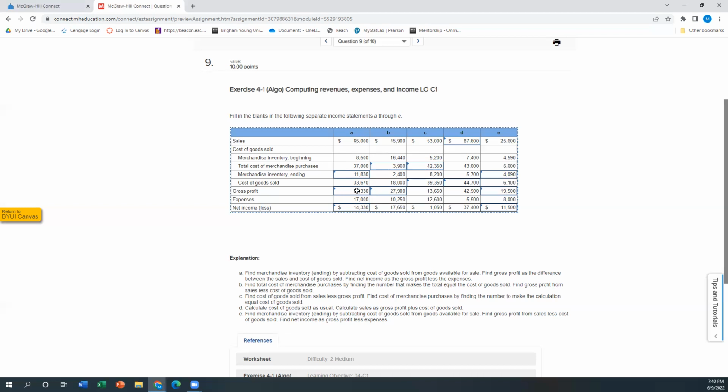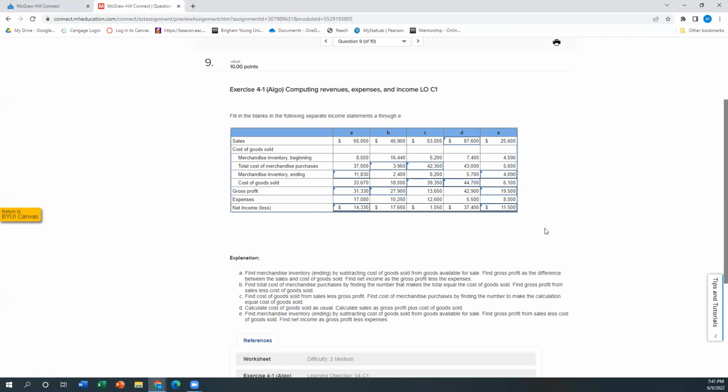And then if I have gross profit minus expenses, I can find net income. The only one that's kind of tough is I've got to figure out merchandise inventory. And even that one, if I know my beginning inventory plus purchases minus merchandise inventory gives us cost of goods sold, I can just figure that out like algebra, right? 8,500 plus 3,700 minus X equals 33,600. And then I just solve and I can find 11,830.